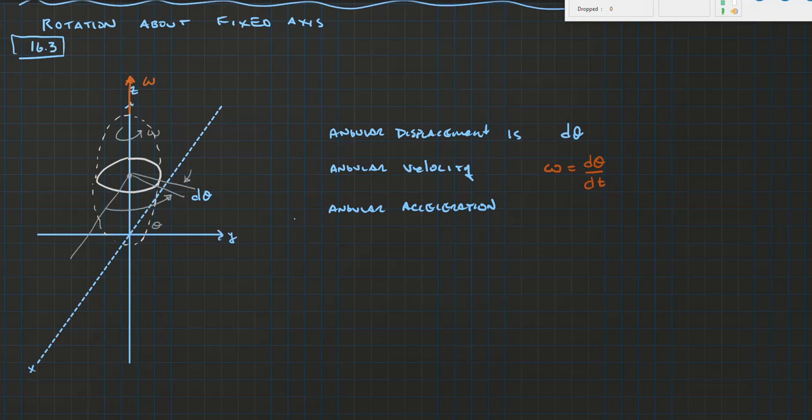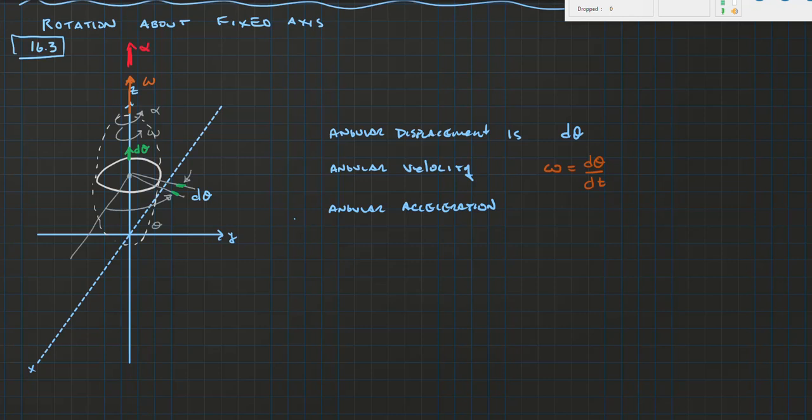Now it could be in a direction opposite to omega if it's decelerating, but if it's accelerating, it'll be in the same direction, and I'm going to draw it in the same direction as omega, and it would also be represented by its own vector, alpha. Also, we can think of d theta as a vector in this direction too, because as you rotate from here to here using the right hand rule, your thumb points in the z direction.